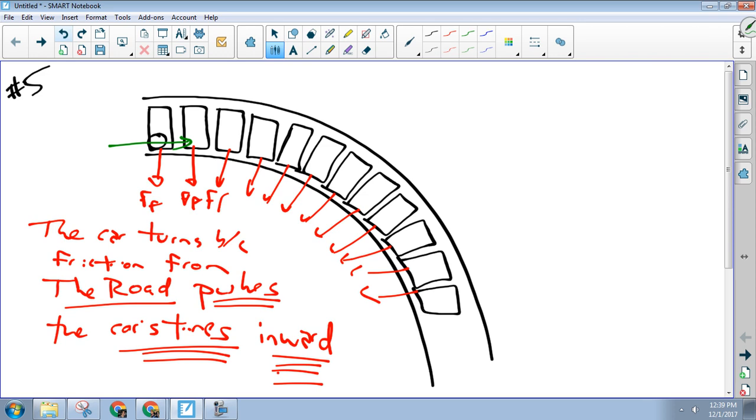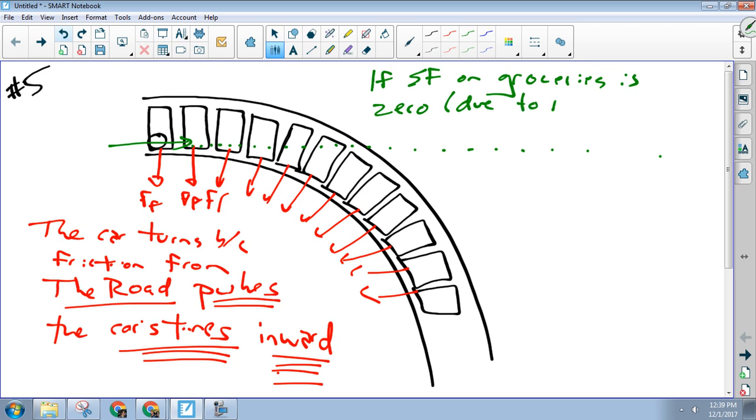Okay, so look, this green dotted line: if the net force on the groceries is 0 due to no friction, they will follow this path.